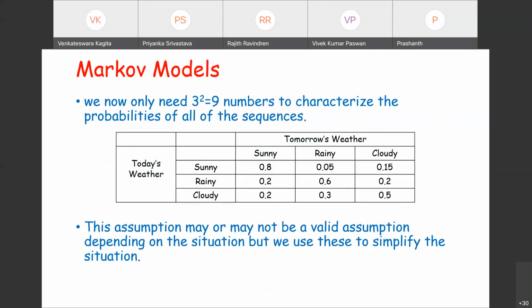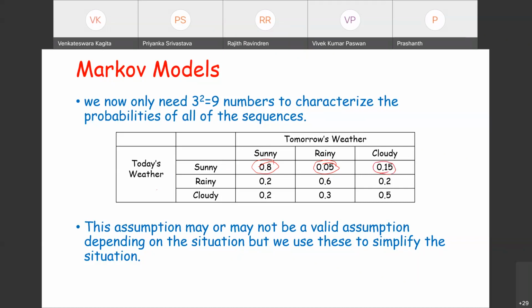What is the probability that tomorrow's weather is sunny given today's weather is sunny? It is 0.8. The transition from sunny to rainy is 0.05. The transition from sunny to cloudy is 0.15 and so on.